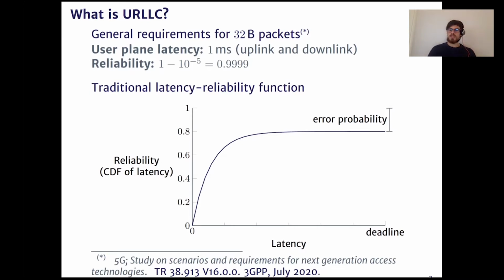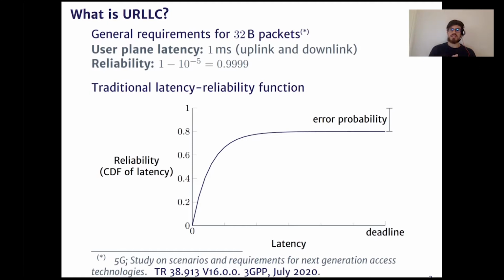As he already mentioned, we usually observe traditional latency functions more or less like the one that I'm showing here. They look quite general because normally we have many access opportunities or channel uses to achieve our goal.